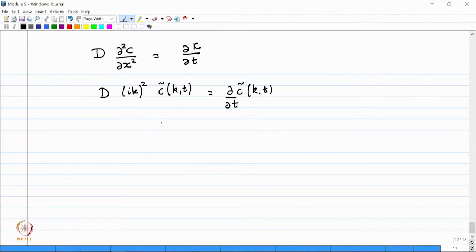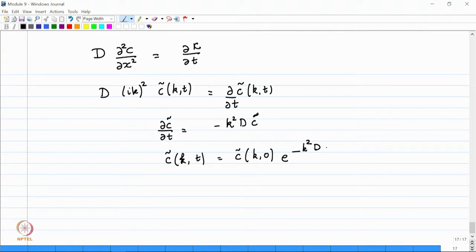Okay. So, I can write ∂c/∂t equal to minus k² d c. I can write c tilde of k, t is equal to c tilde of k, 0 times e to the minus k² d t.